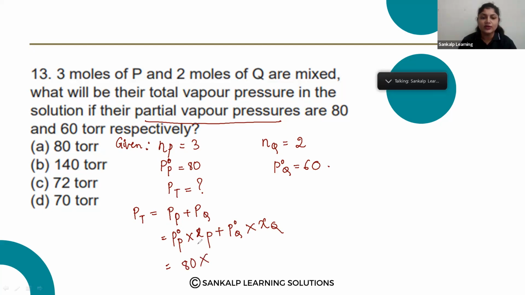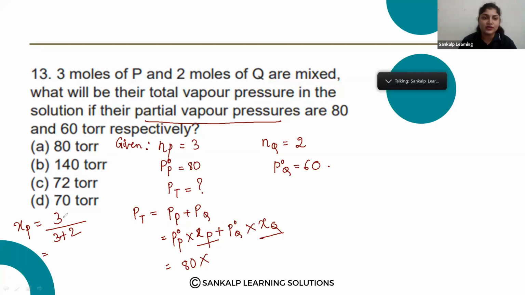XP is what? You have to find the number of moles now. We have to find the mole fraction of P and of Q. First we'll find XP. XP is the number of moles of P divided by 3 plus 2. This is the number of moles of component A divided by the sum of the components A plus B. You know how to find the mole fraction.